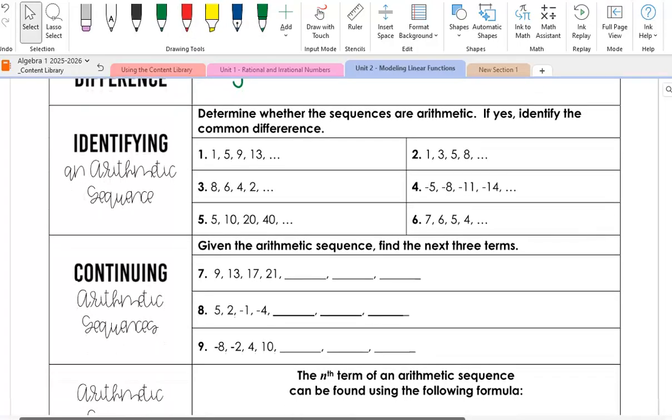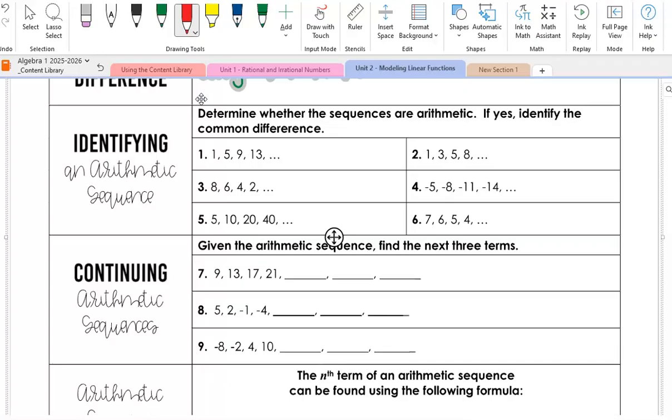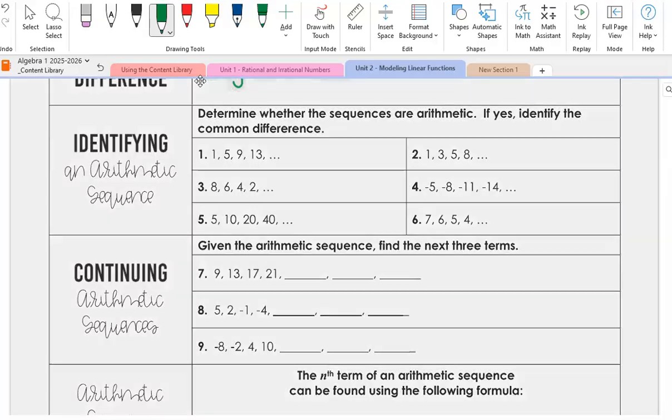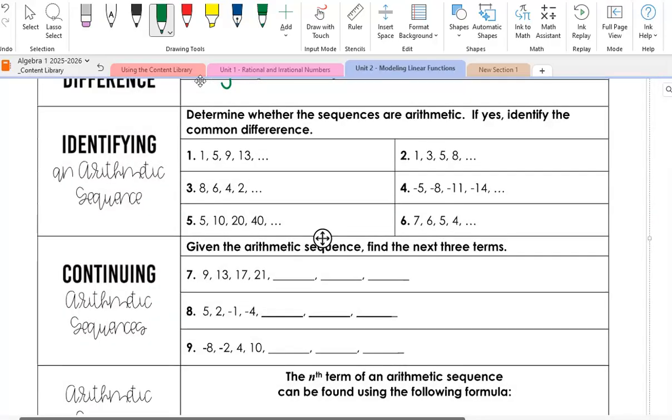All right, so determine whether the sequences are arithmetic. That means, do we have a common difference? So let's figure this one out, okay? So we're subtracting. So it's 5 minus 1. This little loopy thing that I draw means minus.